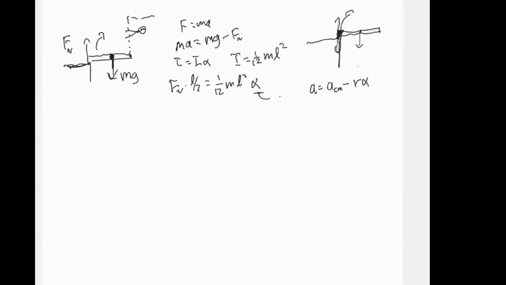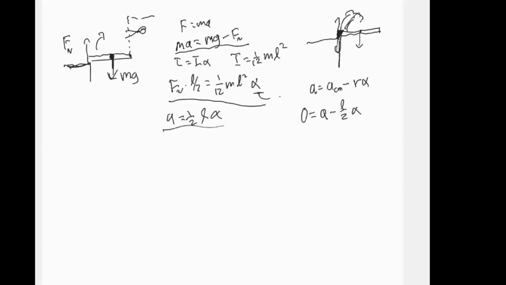R alpha is just the acceleration from our rotation. So what we'll get is 0 equals A minus R alpha, and R here is L over 2. Okay, so finally, we have our third equation, A equals 1/2 L alpha. So we have three equations, three unknowns. We can solve this, right?